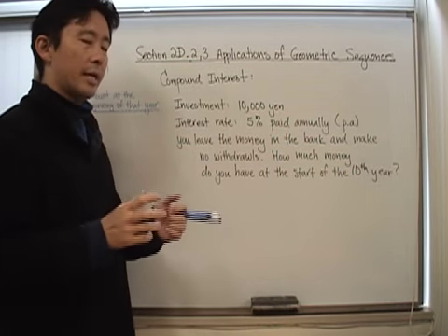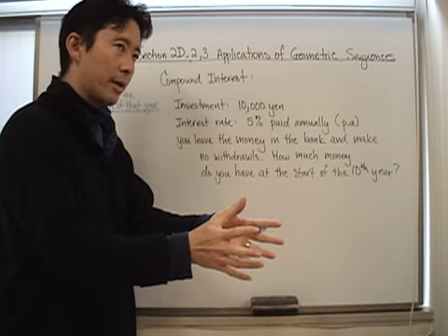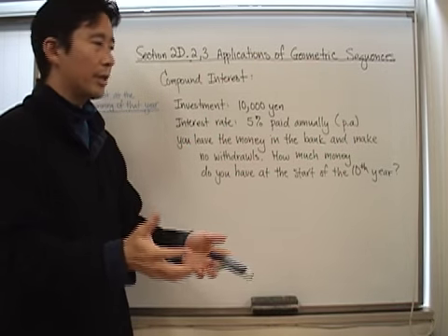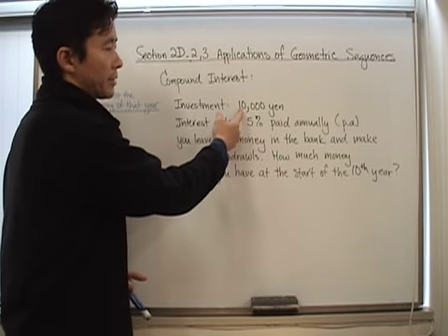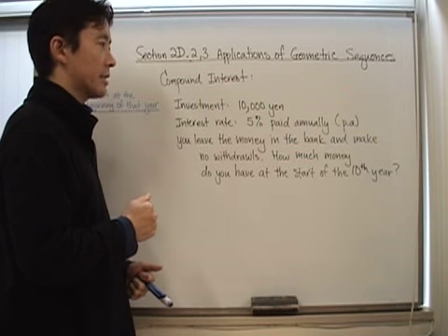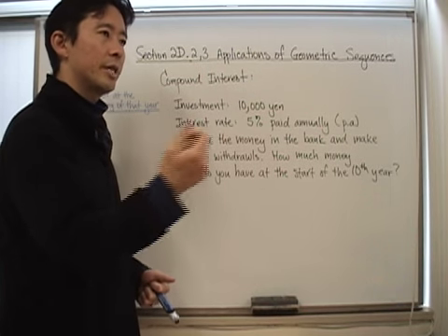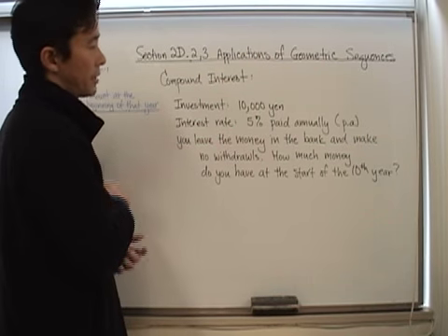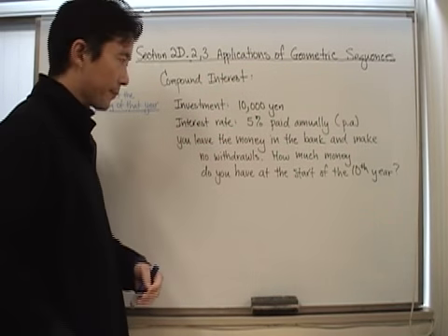So what that means is that when you put the money into the bank, you let it sit for 1 year, and after 1 year, they're going to give you 5% of this amount, because that's what they do in order to entice you to put more money into their bank.